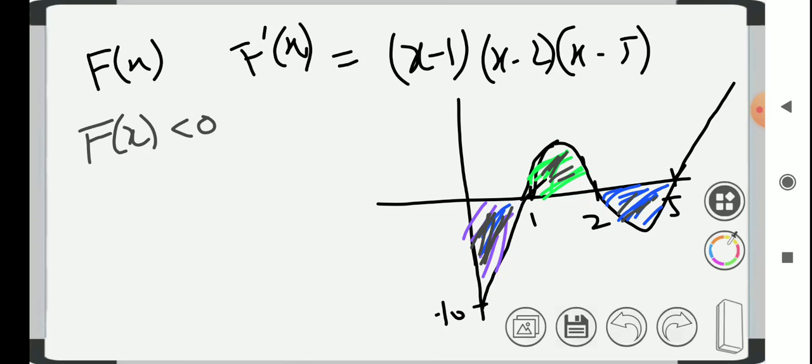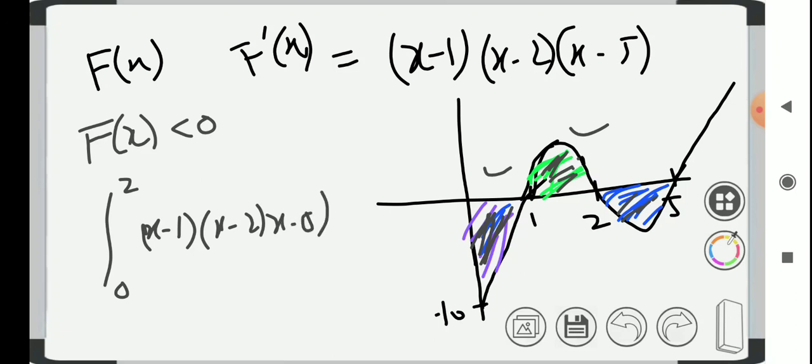But if you calculate the integral from 0 to 2, that is the addition of these two areas, of x minus 1, x minus 2, x minus 5 dx, it comes out to be negative, less than 0.